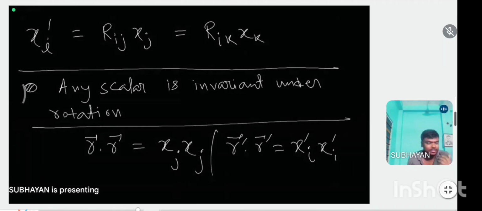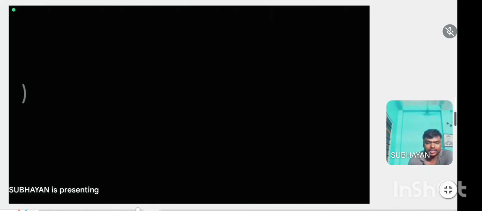After rotation and before rotation, they will be the same numerically. So surely you can write xi prime xi prime equal to xj xj. Okay.